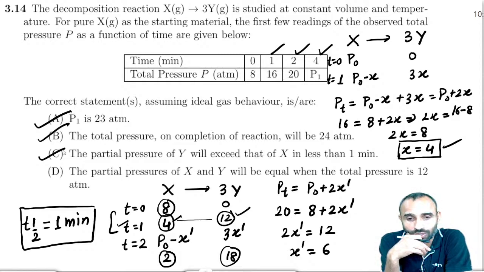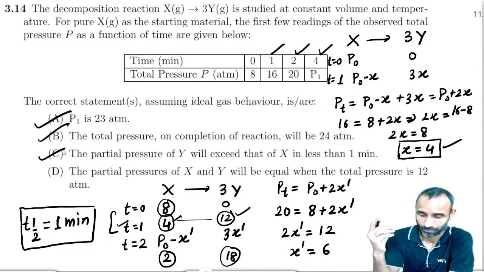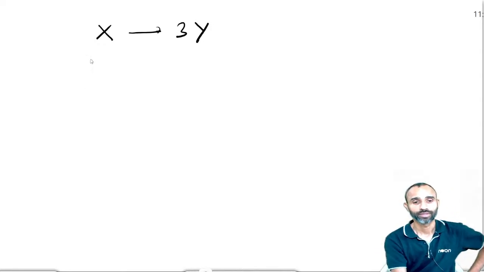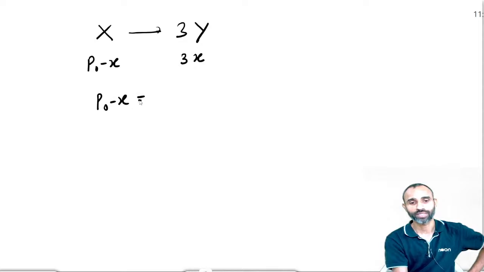Partial pressures of X and Y will be equal when the total pressure is 12 atm. Let us see. P naught minus x equal to 3x.